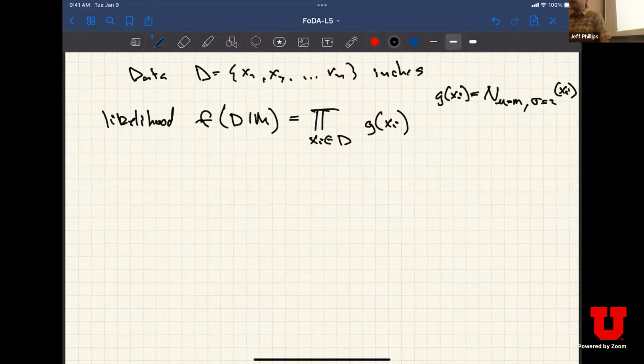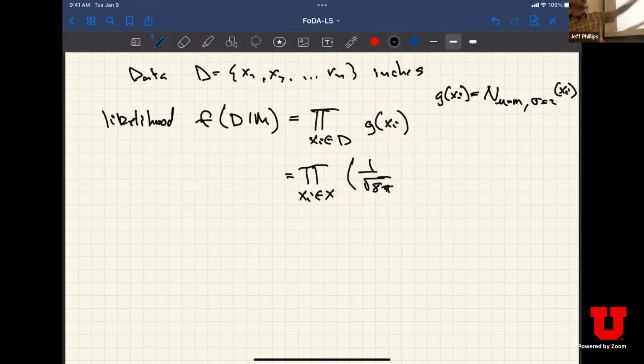Okay, and now I can write this likelihood as the product over xi in D of 1 over the square root of 8 pi, right?